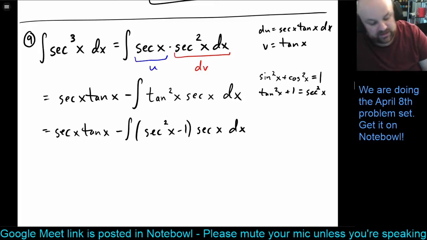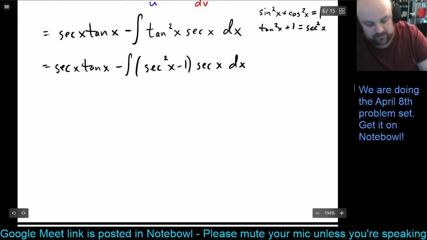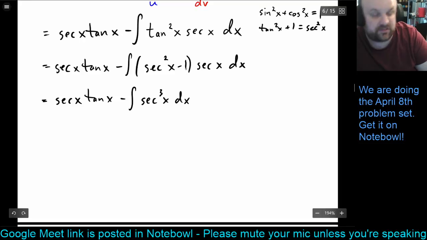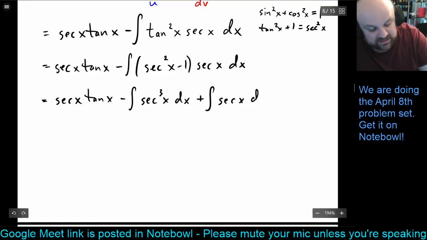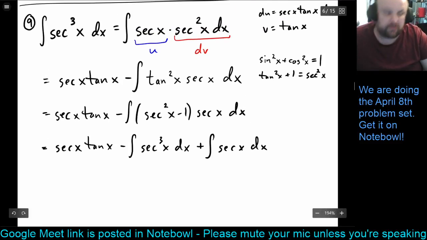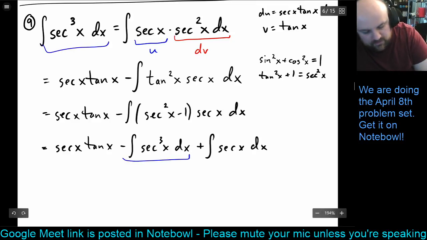And so if I expand all of this out, I get secant of x, tangent of x, minus integral of secant cubed of x. So I'm going to split this integral into two pieces, plus integral of secant of x dx. Okay. Now you might remember when we did that integral of e to the x, look what happens here.